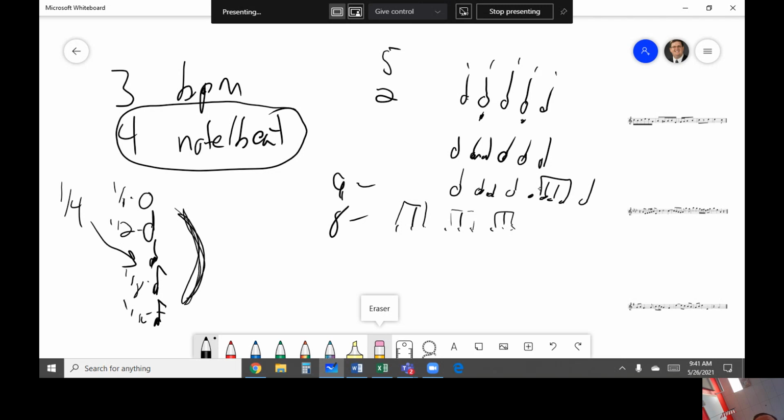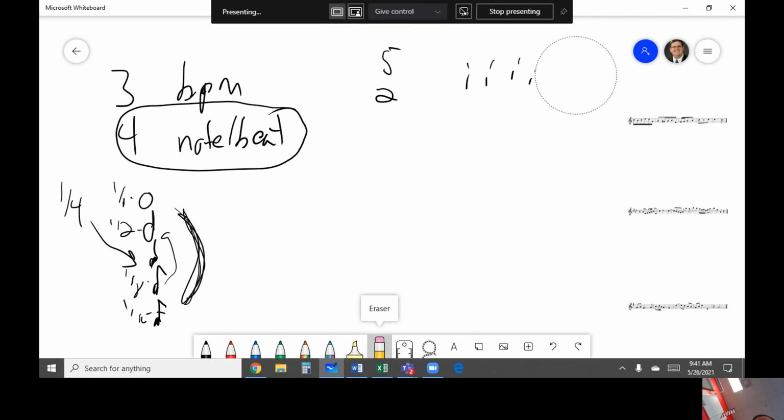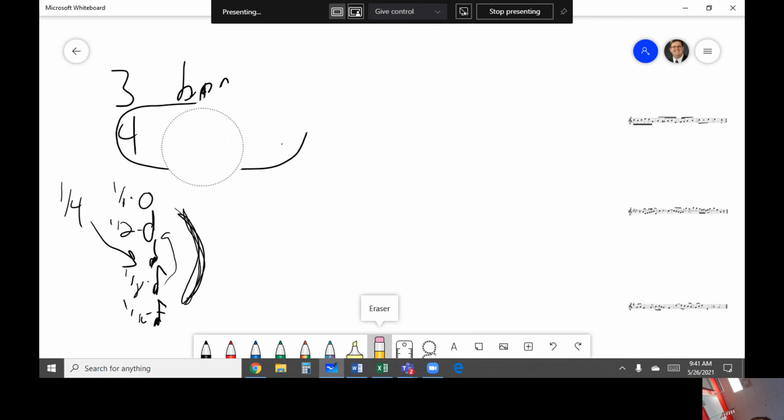Because the half note gets the beat, these eighth notes get 1/4 of the beat, because 4 eighth notes fit inside 1 half note. So again, that bottom number is always the most confusing one, but think of it only as what type of note gets the beat. The top number is how many beats per measure. The bottom one, what type of note gets the beat.